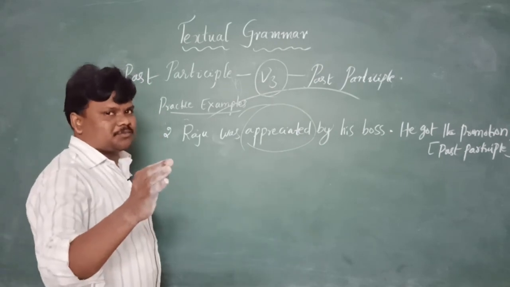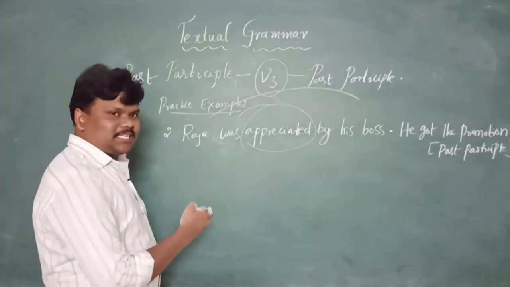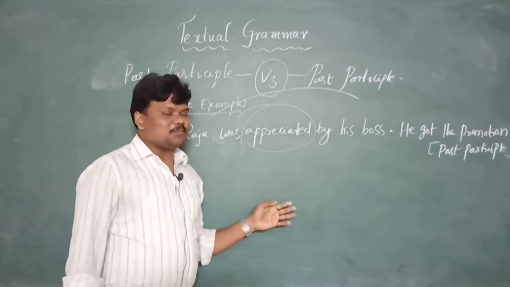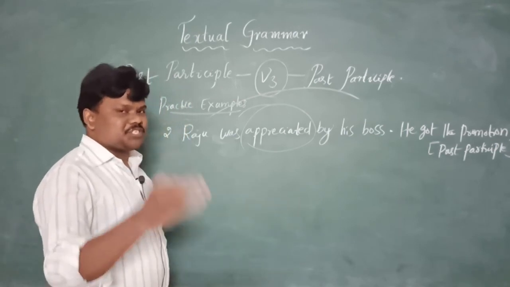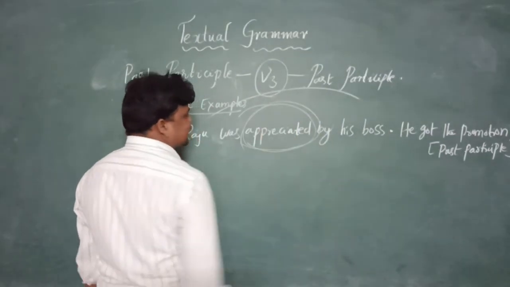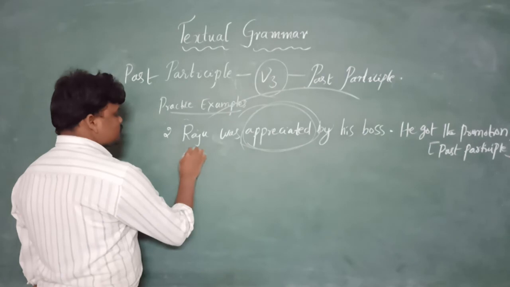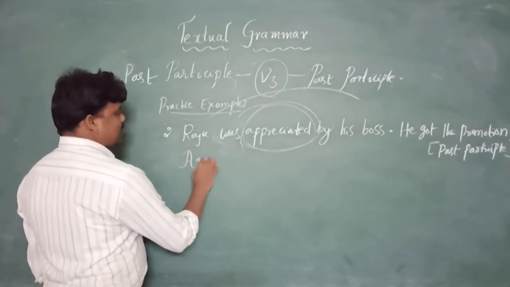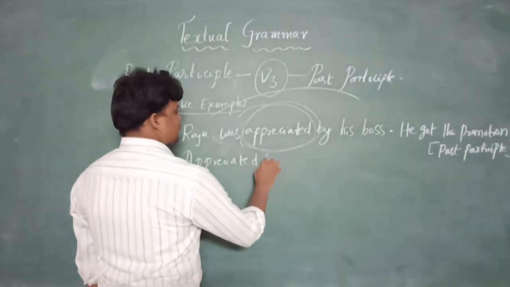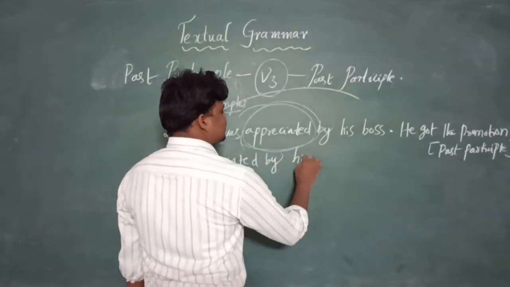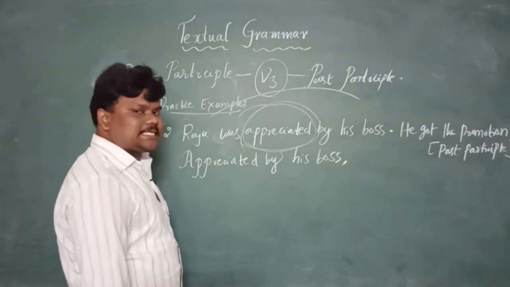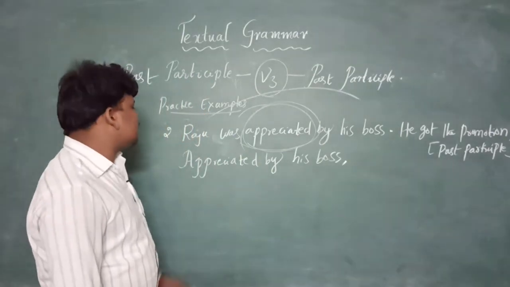I'll appreciate you if you got the answer correct before I write it on the board. What is the V3? Appreciated. So the answer is: appreciated by his boss, comma compulsory to separate the past participle phrase.